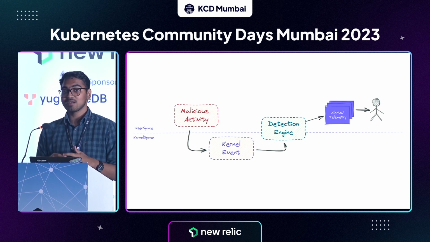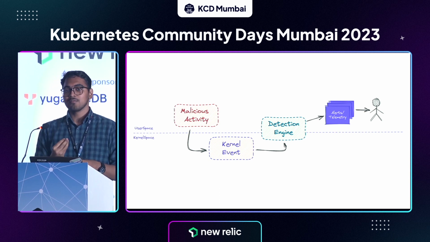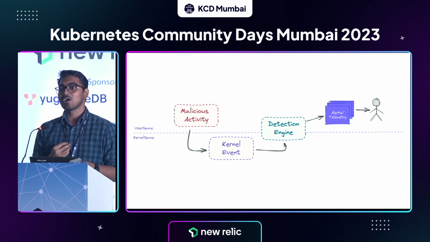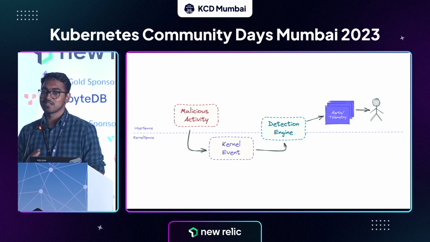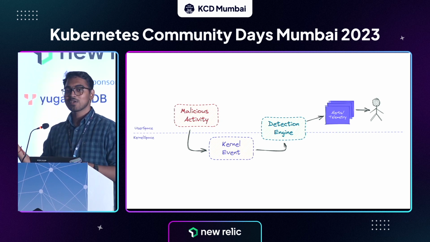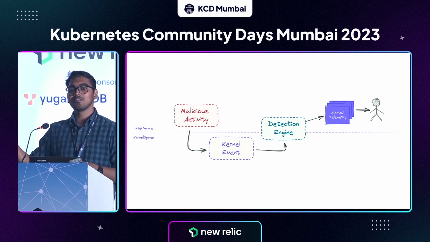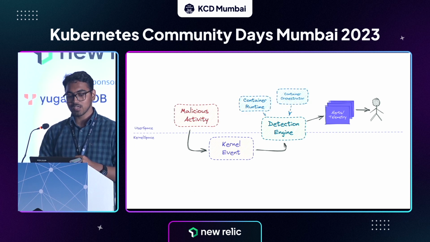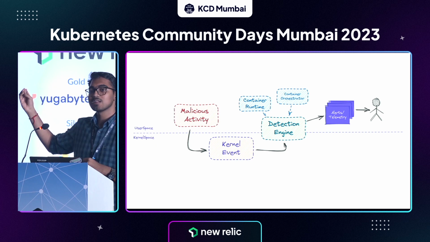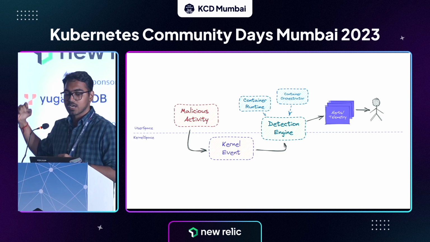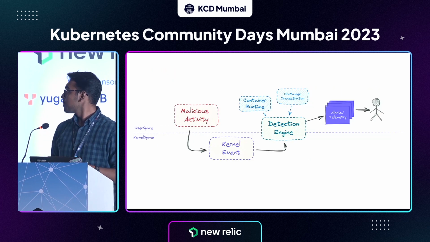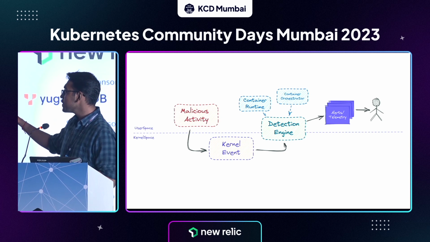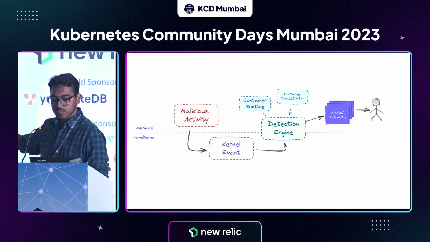We are on infrastructure at scale, where there are thousands or tens of thousands of containers running at once. You cannot really identify where a kernel event happened. So we combine the kernel event with container runtime data and orchestrator data. But how exactly do we go about hooking onto these kernel events?